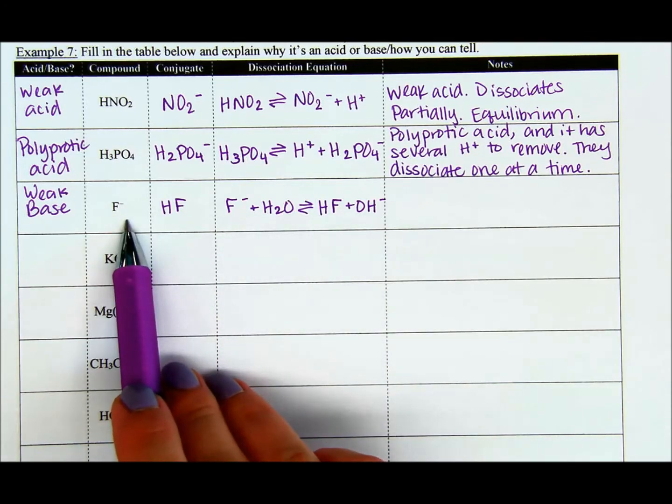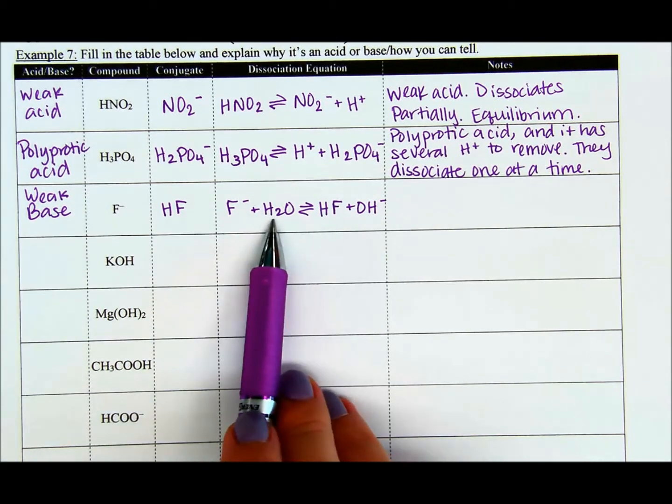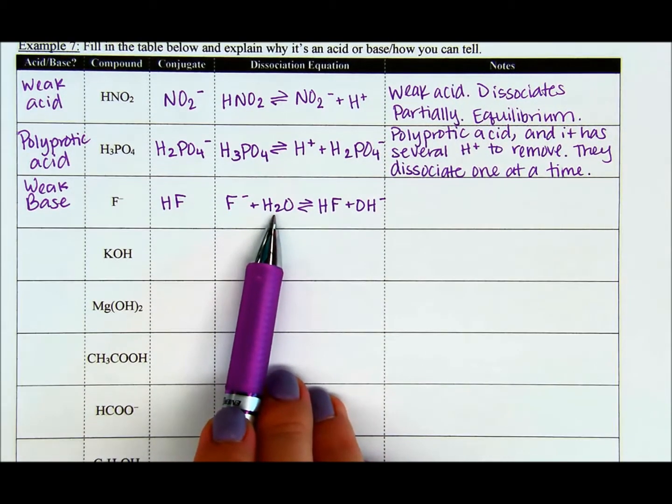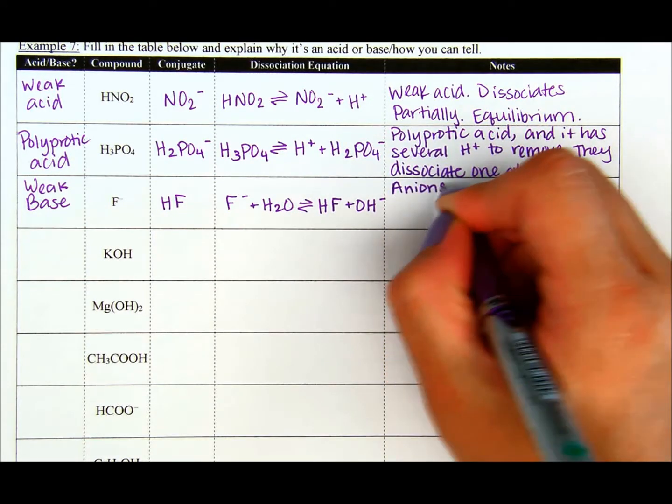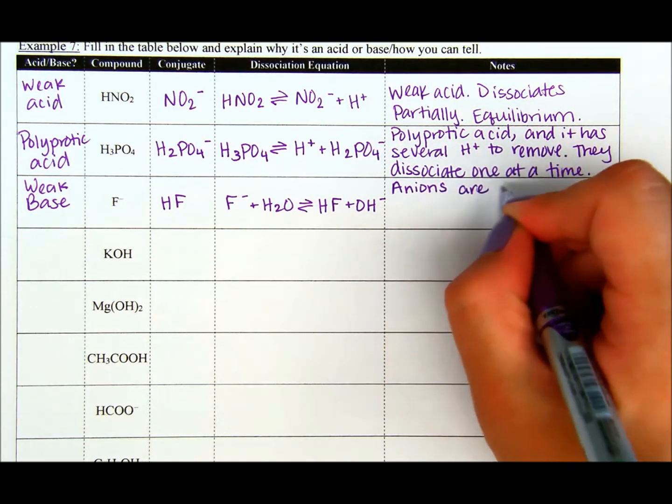Anions are conjugates of weak acids here. They don't have H plus at all, so they have to tear off those hydrogen ions from water that's surrounding them. So anions are conjugates of weak acids.